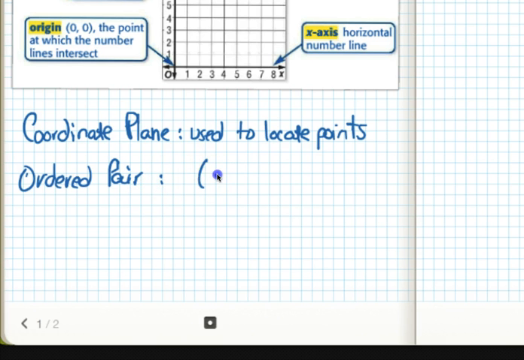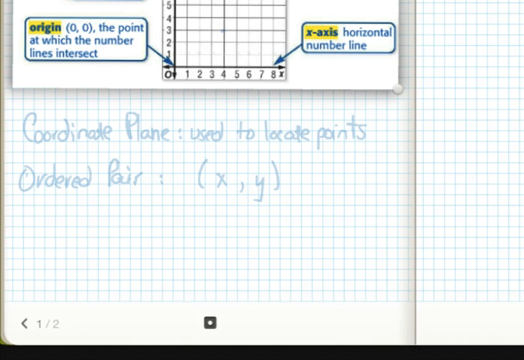So here's your point. It has an x-coordinate and a y-coordinate. So for example, if I wanted to graph the point 4, 3, I'd go over 4 and I'd go up 3. And I'd get a little point right here, 4, 3.